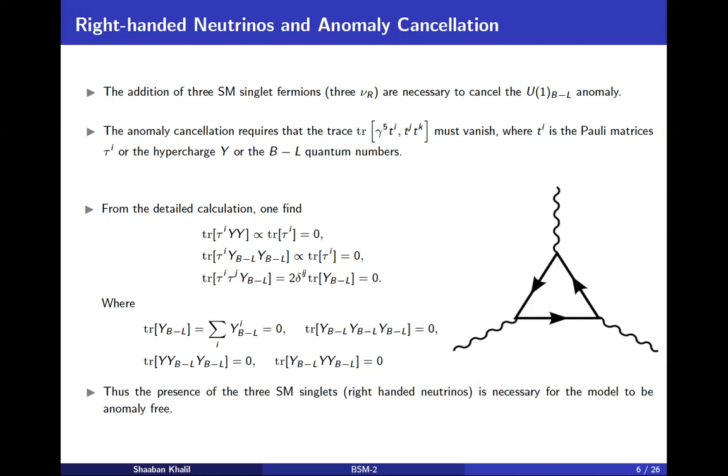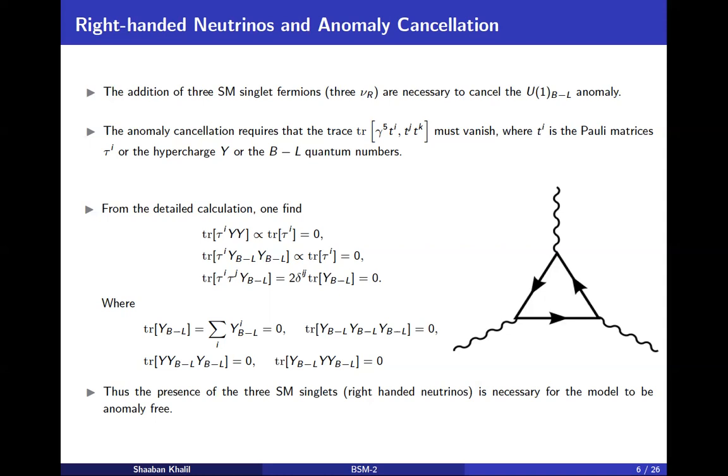The sum of all the charges with the existing right-handed neutrinos will give you 0, and will make this equal 0. Same story for this one, trace 3 B minus L, which depends on the sum. Also the trace of 2 B minus L with hypercharge, all the combinations. You will find all combinations will vanish under 2 conditions.